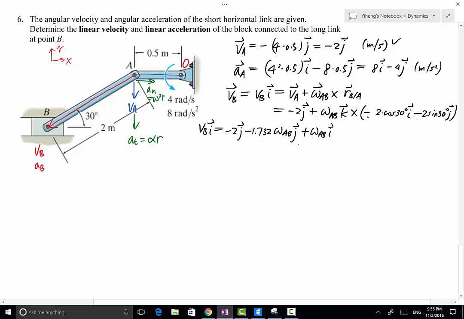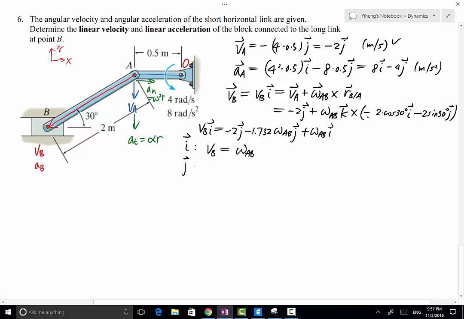So that's what it is. From here, we can separate this vector equation into two scalar equations, one along the I direction. So along the I direction, on the left hand side, we only have VB. On the right hand side, we have only omega AB.